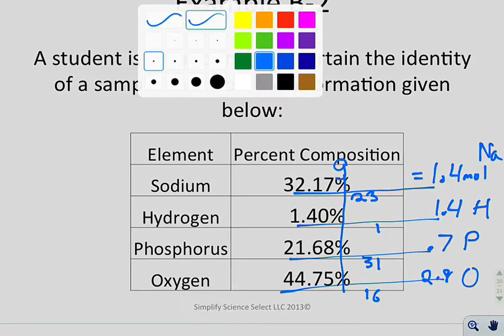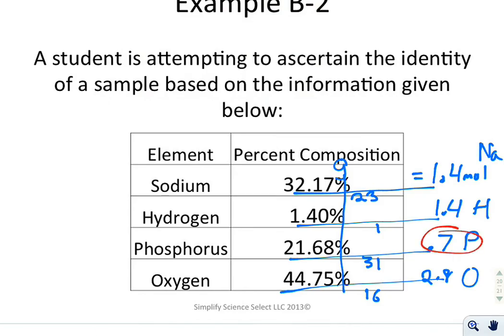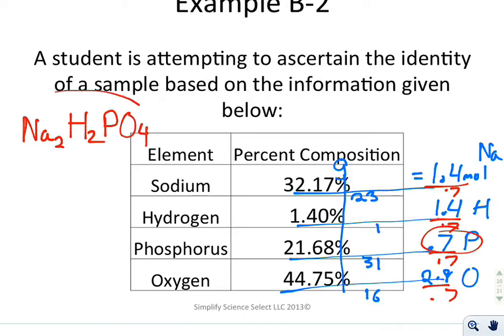So you identify the smallest number, which is phosphorus. You divide each one by 0.7, and you end up with 2 sodiums, 2 hydrogens, 1 phosphorus, and 4 oxygens. So that is our molecule, Na2H2PO4.